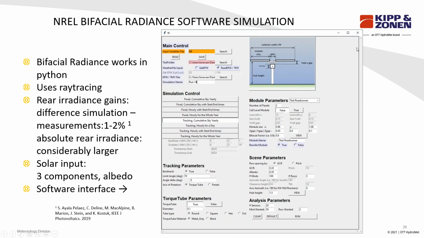And it consists of a software interface you see on the right here, where you can select the location on the Earth. You can select fixed or tracking. You can select the tracking method, things about the torque tube, the amount of modules, the amount of rows, and the amount of measurement sensors you want to use. So a lot of options you can tune.